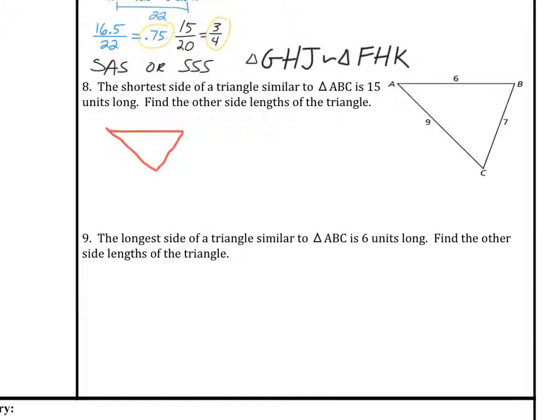And it says that the shortest side is 15. Since the shortest side for ABC is up here, for AB, you want to label 15 there. And then it says find the other side lengths. So you don't know what they are, I would label them X and Y.